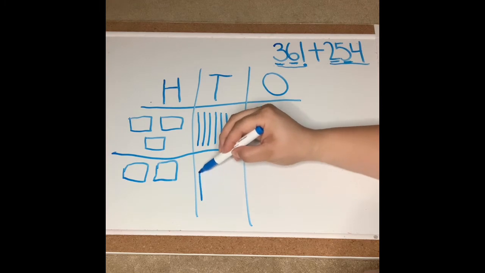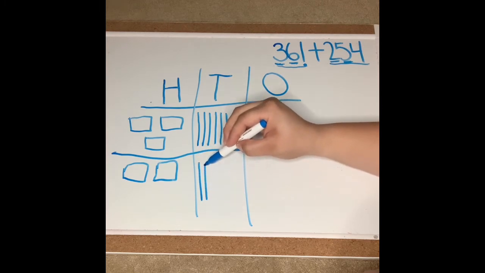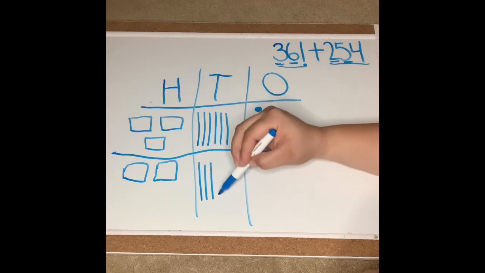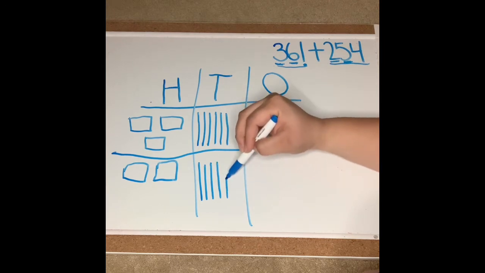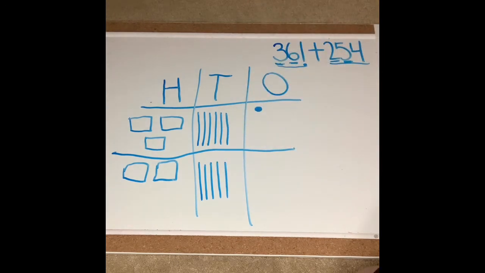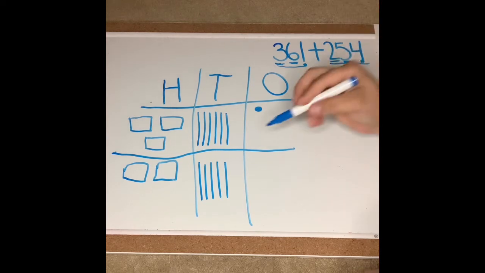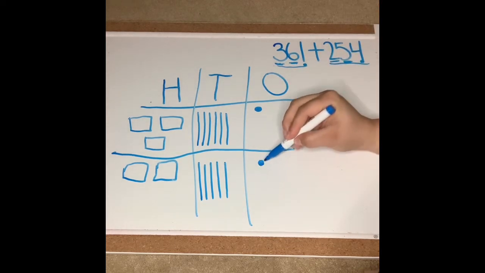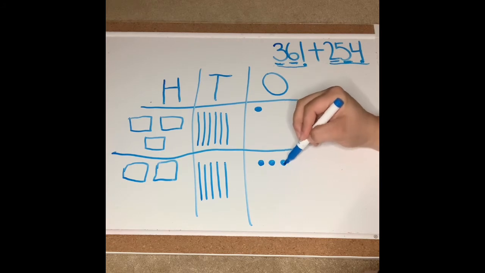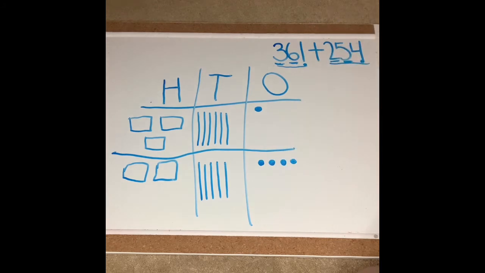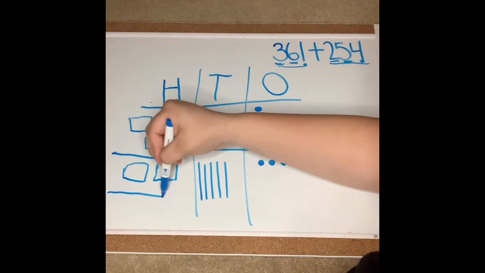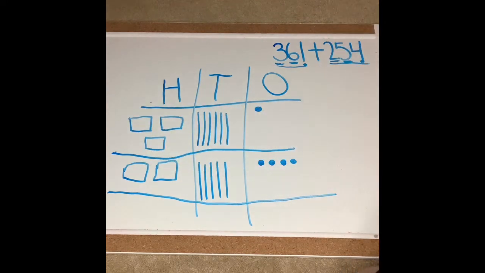So I'm going to draw 5 10 rods. 1, 2, 3, 4, and 5. Now how many ones do I have in the number 254? 4. So I'm going to draw 4 circles. 1, 2, 3, and 4. Now that we're done building this, I'm going to draw a line underneath.